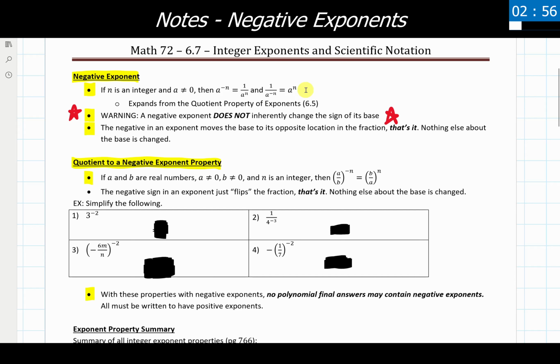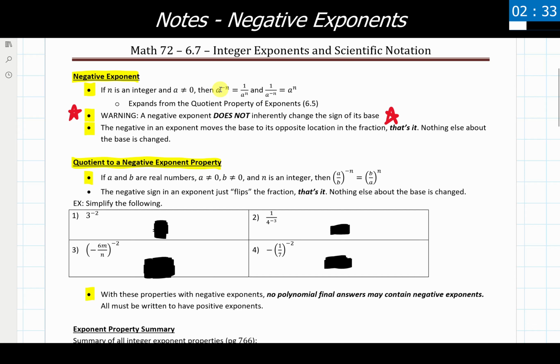A simplified way of thinking about this is that the negative in the exponent spot will flip where the base of that exponent is in the fraction. Meaning, looking at this first instance, the a is in the numerator of a fraction. This would be a over 1.